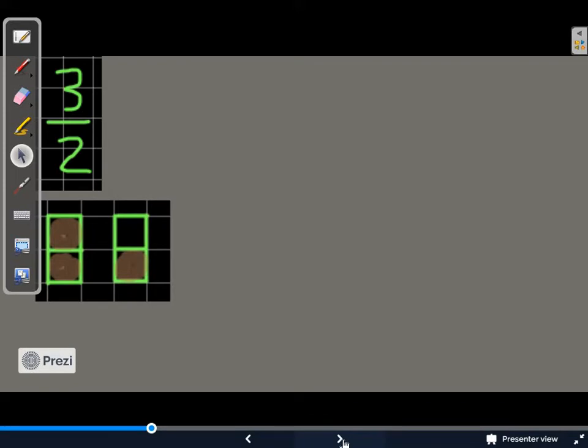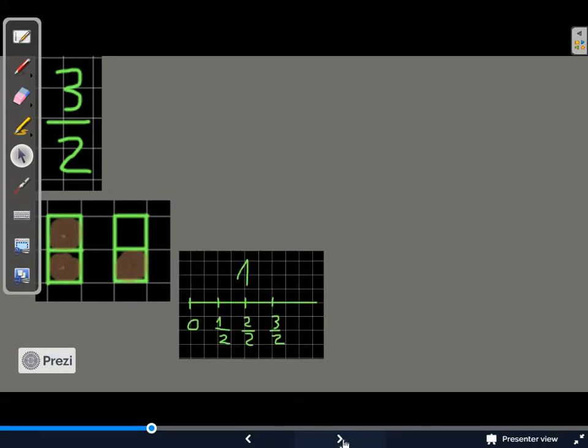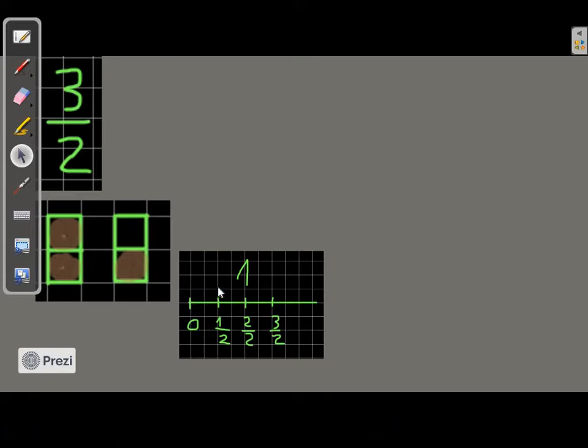And also you can locate this number on the number line, and here something really interesting is going to happen. If I start from 0 as always, and I go on with 1 half, 2 halves, and 3 halves, I will find something really interesting. Remember, every fraction is also a division, and if I divide 2 by 2, the answer will be 1. So 3 halves is a number that is after 1.